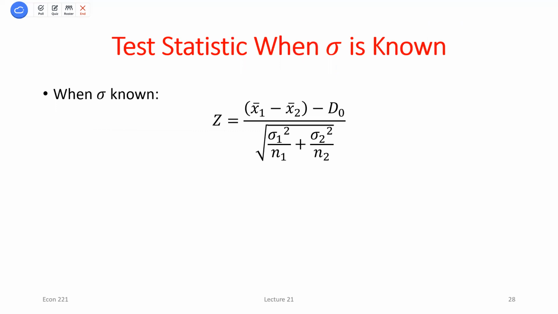Before we get there, I just want to look at, well, what's the test statistic going to look like for these two population examples? So just to give you a comparison here, what we were doing before looks something like this, right?